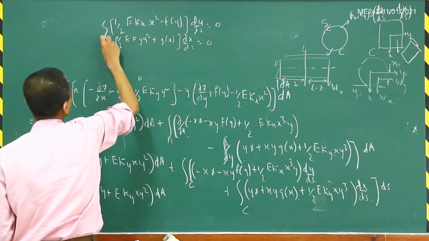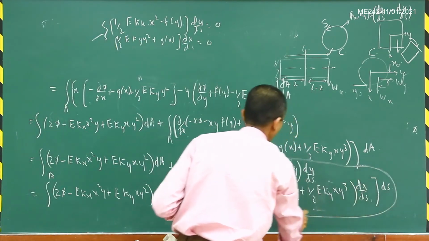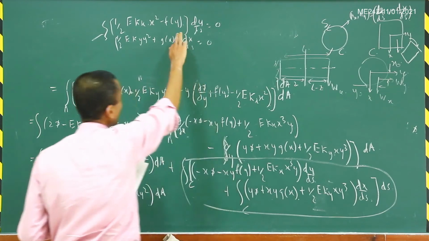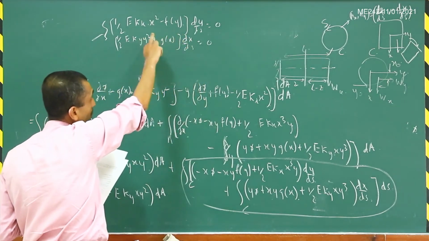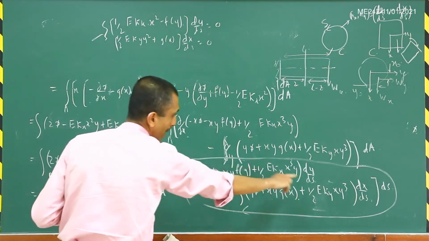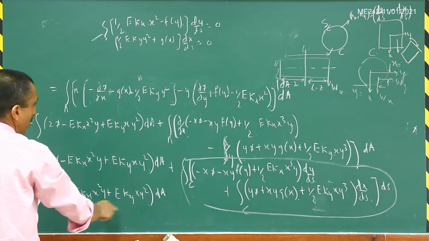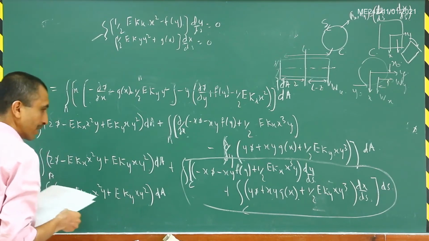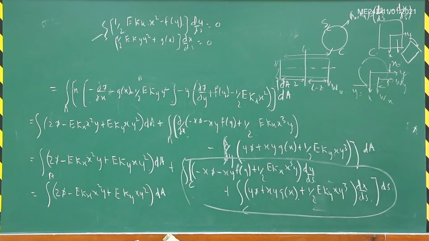So from these two equations, you will see that this whole thing goes to 0. That is, as we said, for certain types of cross sections and certain types of loadings, we can assume these two equations. And now that we are assuming these two equations, this whole thing goes to 0, and then we have this simplified expression that you will get for the tau.